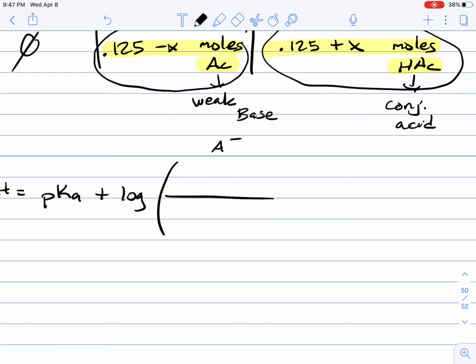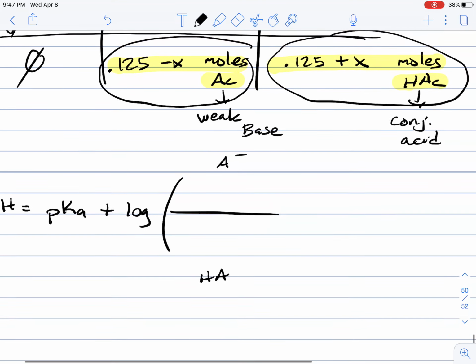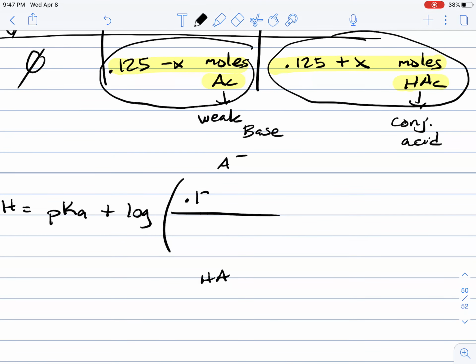So I'm going to put an A minus, and then HA, the conjugate acid or the weak acid, is always going to be at the bottom. And so this is going to be 0.125 minus x. So I'm going to plug that into the numerator. And since this is my acid, I'm going to plug that into my denominator.